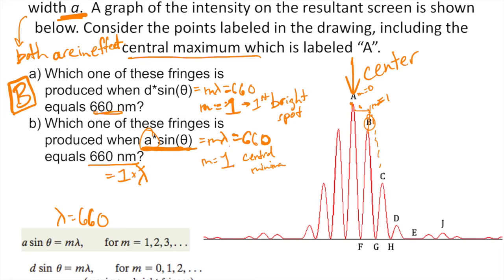And so we can draw our little envelope, and it goes down, and it comes up, and it goes down, and it comes up. And the first minimum is going to be over here, and I just covered the letter. And that's going to be our m equals 1 for the single slit, and so we got E over there. So the answer for this is E.